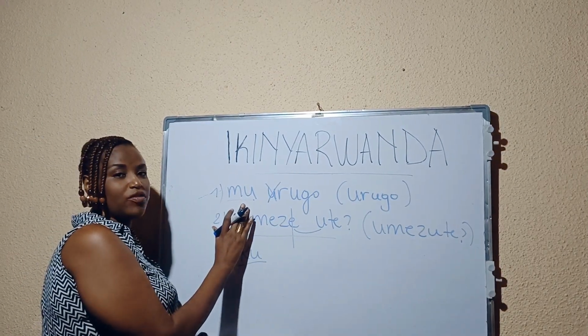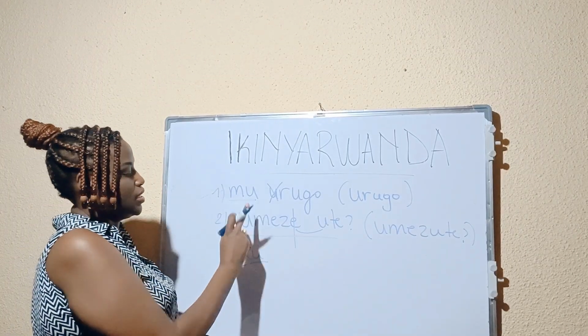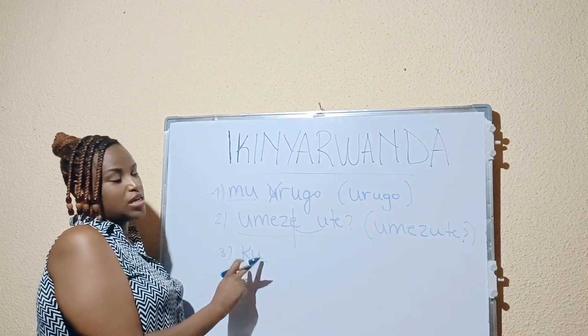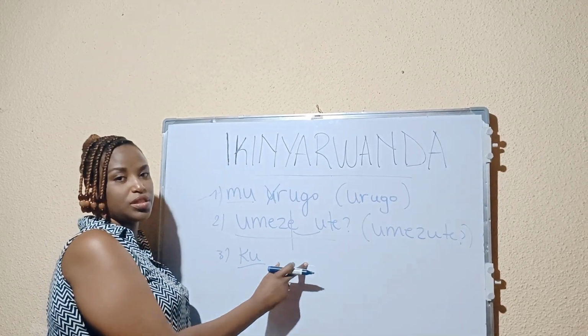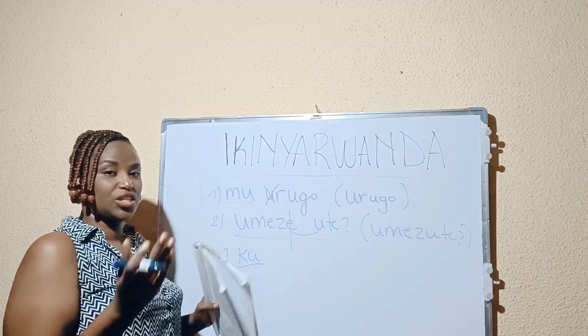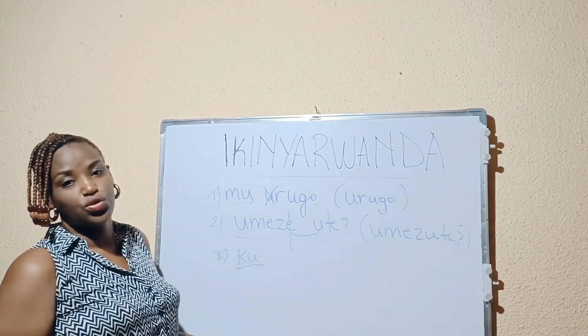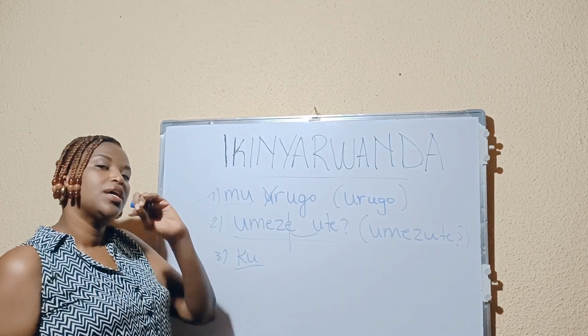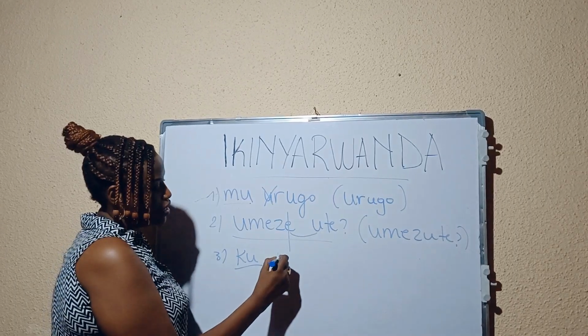In some places we have mu and ku, which can be at, on, in, outside. So the preposition can be different depending on the noun you put here, or they can also be interchangeable. So we will have a lesson about the prepositions. What I want to show you today is about the vowels, how you can drop the vowel. So you have kukazi.